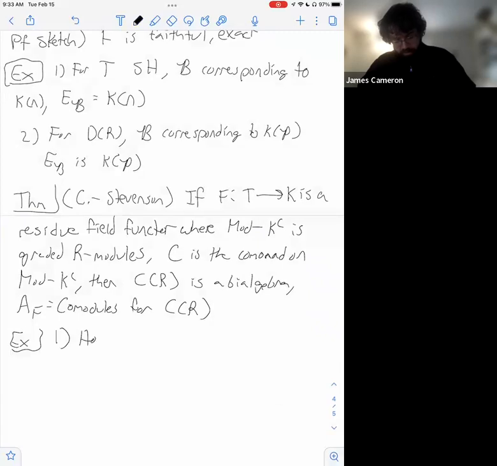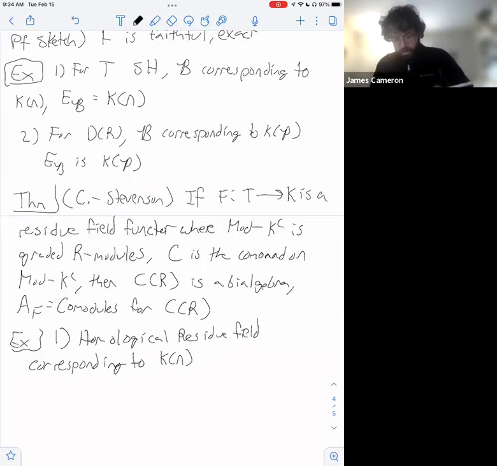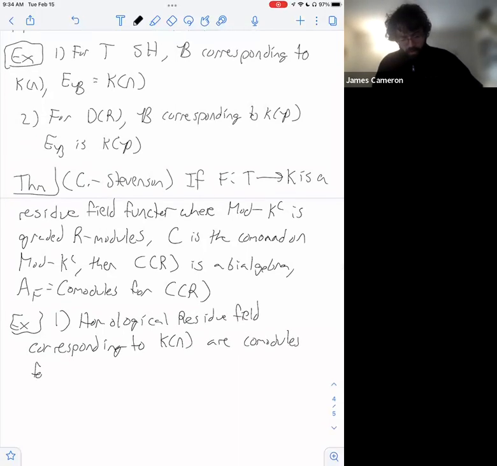The homological residue field corresponding to these Morava K-theories are comodules for just the cooperations for Morava K-theories, K_n-star of K_n.